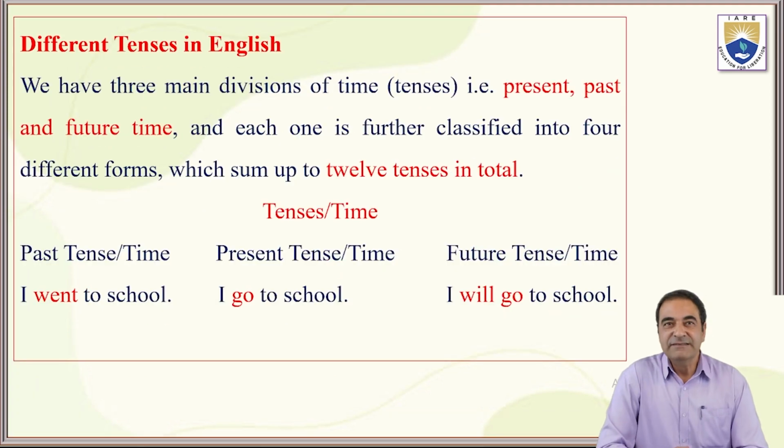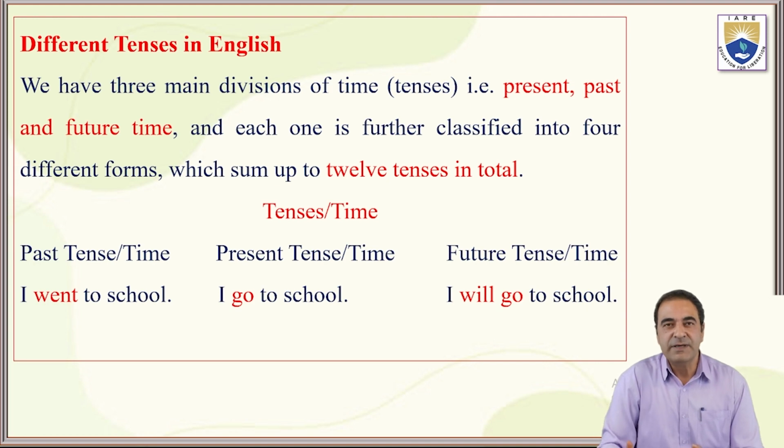Now we have the different tenses in English. If we talk about tenses, or for example, time, as I told you, tenses means time and time means tenses. We have three main divisions of time.